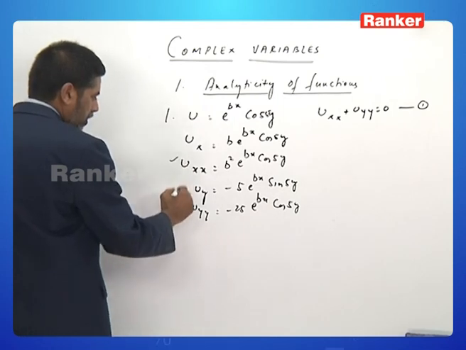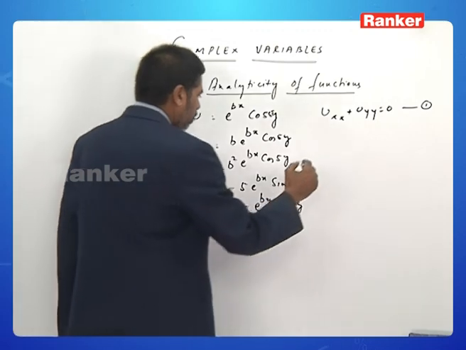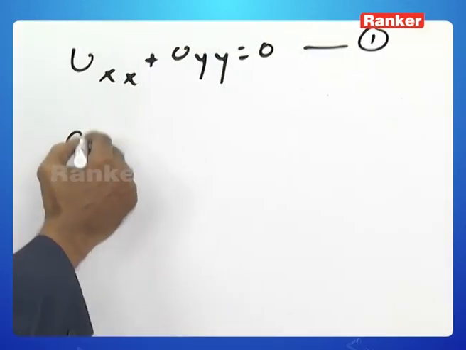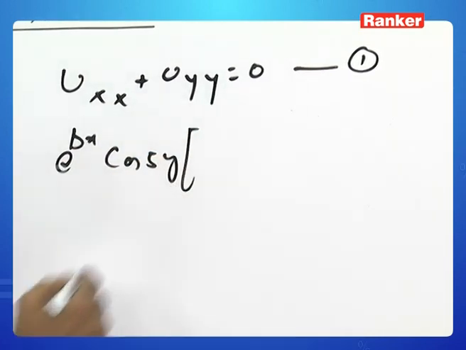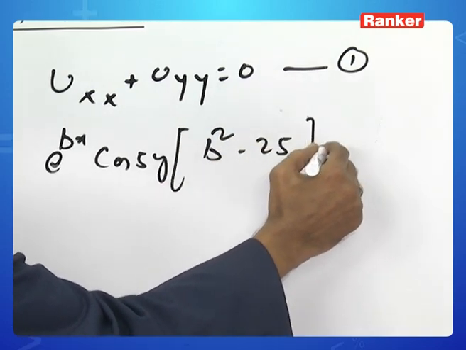So, you take uxx, uyy and substitute in this equation. When you do that, you will find that e power bx cos 5y is a common factor, leaving b square minus 25 is equal to 0.